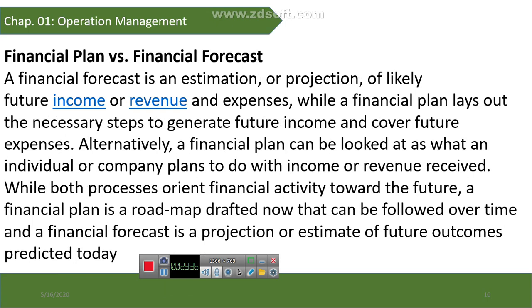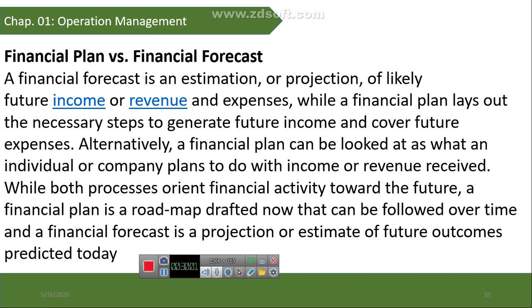Financial plan versus financial forecast. A financial forecast is an estimation or projection of likely future income or revenue and expenses, while a financial plan lays out the necessary steps to generate future income and cover the future expenses.